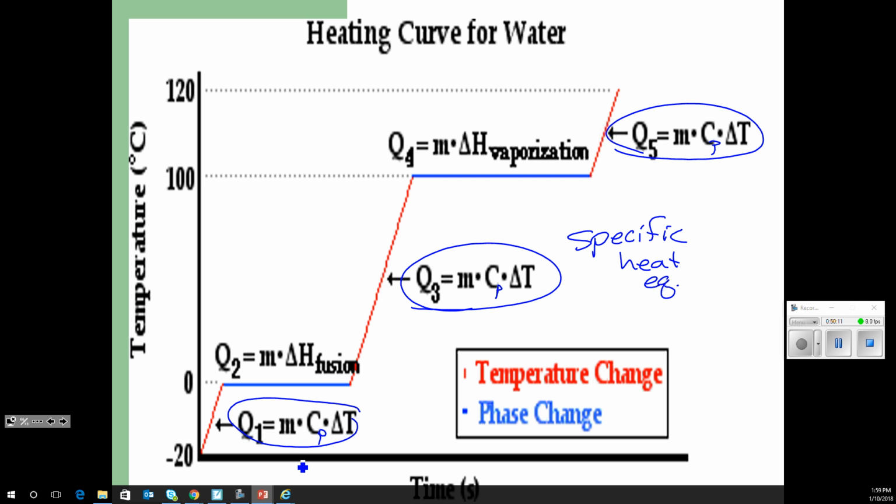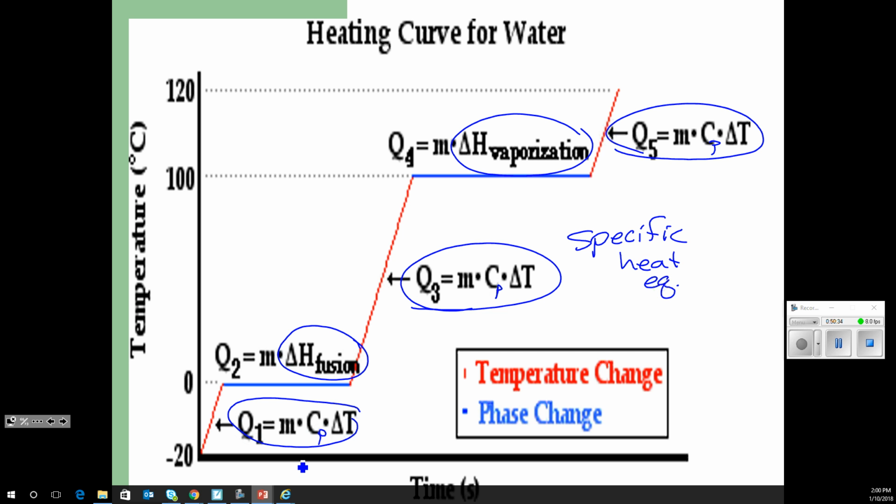But that equation doesn't work when I flatline because I don't change temperatures. But I know I'm putting energy in when I'm changing something from a solid to a liquid because I'm still heating it. So at that point, we have to use what's known as the heat of fusion, if we're changing from a solid to a liquid, times the mass. If we're changing a liquid into a gas, I use heat of vaporization.